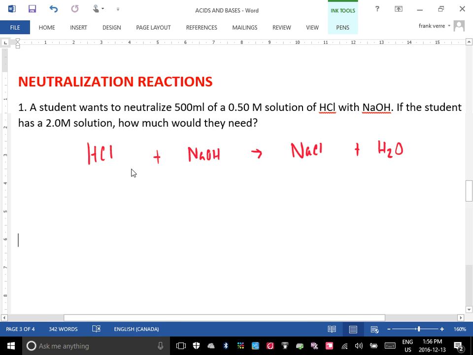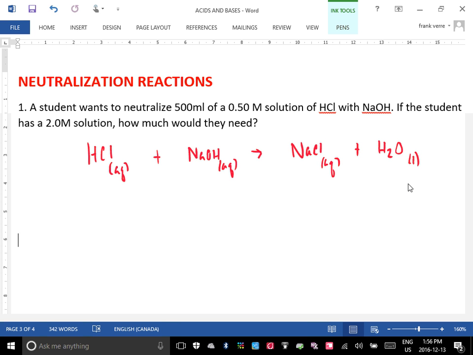So that's the first step. Now, we could add a little bit more because now we know the subscripts. AQ, AQ, AQ, liquid. So first you write down the equation, then you balance it. In this case, it's already balanced.